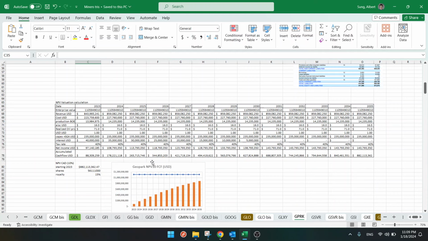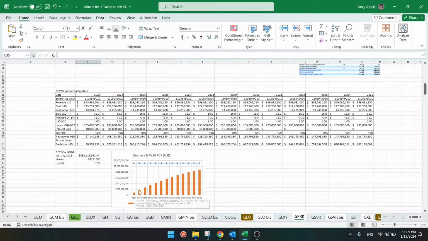And here you can see it as well. It's overvalued. You will never reach your enterprise value. Not even in 10 years. That's not a good company. I think this could drop 10, 20, 30% in enterprise value.